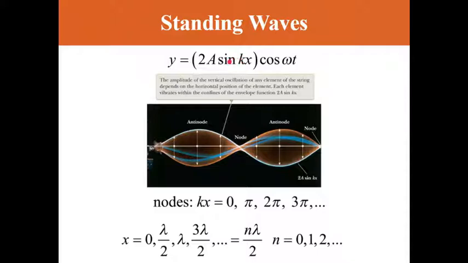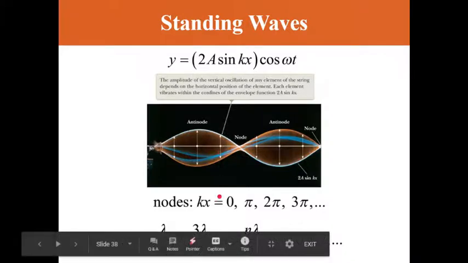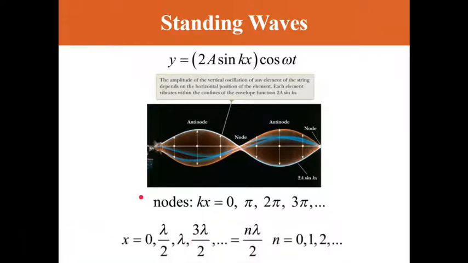Given that it's a sine function, we can easily determine what points that would be. Whenever sine is 0 or 180 degrees or 360 degrees and so on, that's when the sine function is 0. If we want to write that in terms of the horizontal position in the medium x, then we'll have a point of no displacement at the origin 0, halfway through a wavelength, so lambda over 2.